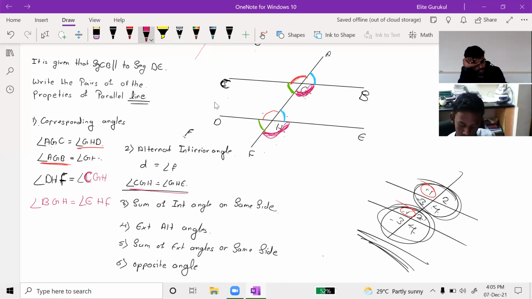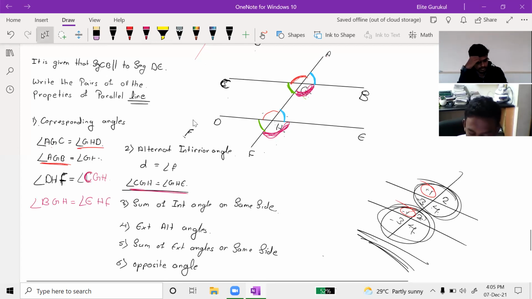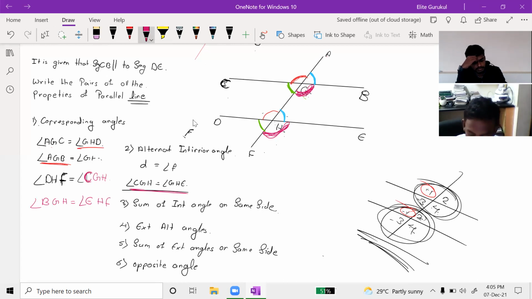Now tell me the alternate angles. Angle CGH is equal to DHG. Yes, sir. EHG, na? Sir, DHG. Miss, which angle are you telling me? Tell me again.